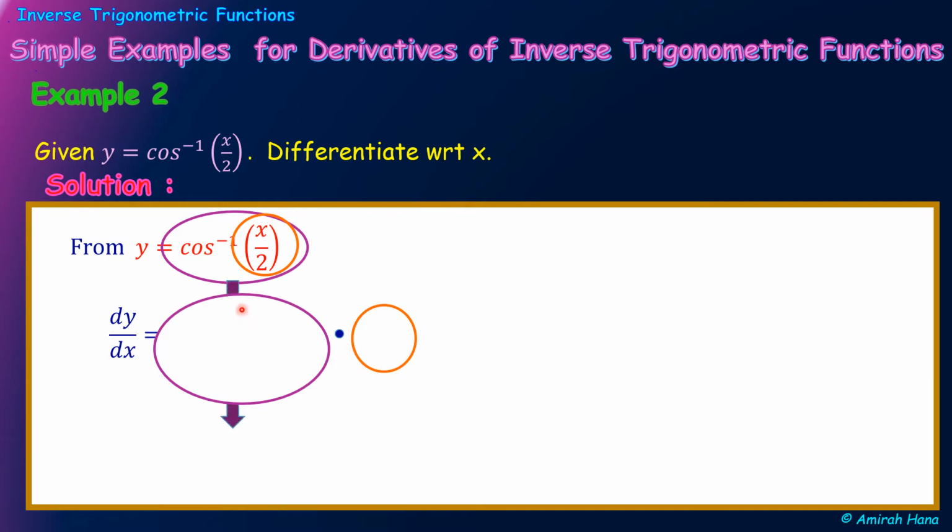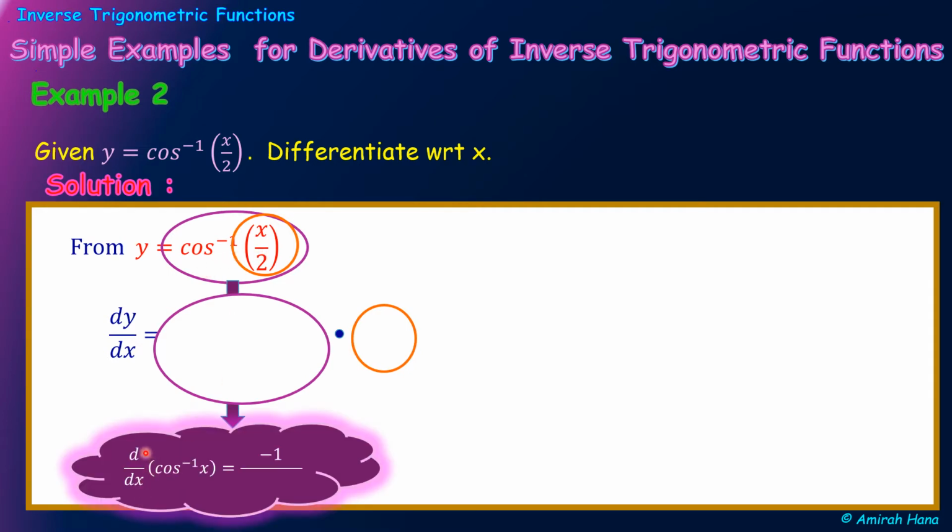To differentiate inverse cos, we can refer to the simplest formula: derivative of inverse cos x equals -1 over square root of 1 minus x squared.